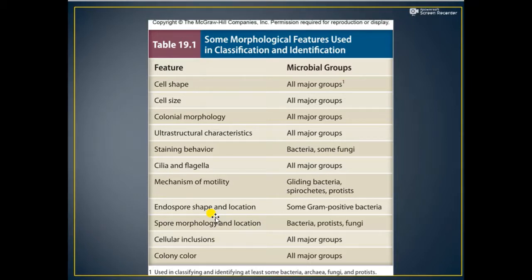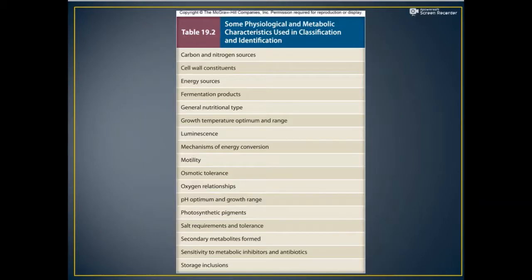Based upon the endospore shape as well as the location, you can classify the bacteria. The spore morphology: how does the spore look? The cellular inclusions mainly include different types of structures within the cell, like magnetosomes, PHBs and so on. So the cellular inclusions and the colony colors all come under the morphological characteristics.